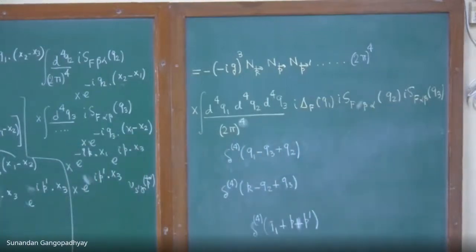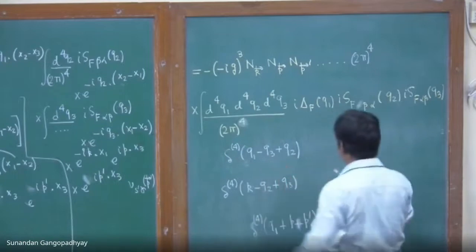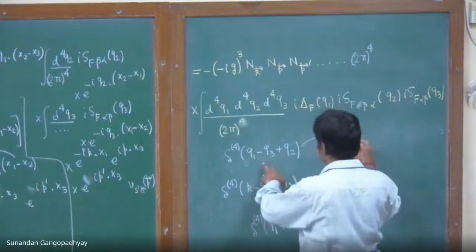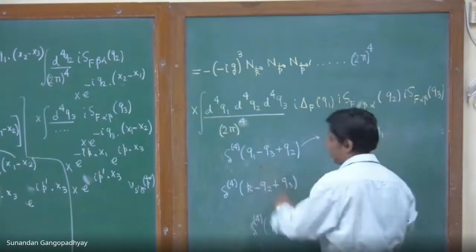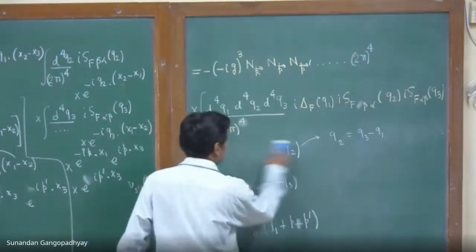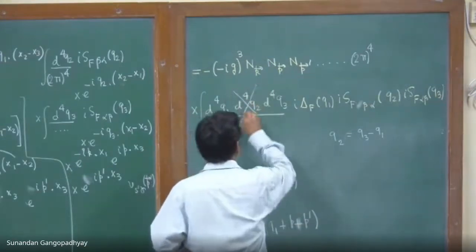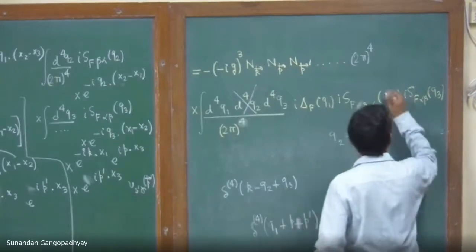Now let us first do the Q2 integration. What will Q2 be? If you do the Q2 integration, then Q2 will be equal to Q3 minus Q1. So then you can get rid of that Dirac delta function. Get rid of the Q2 integral and replace Q2 by Q3 minus Q1.